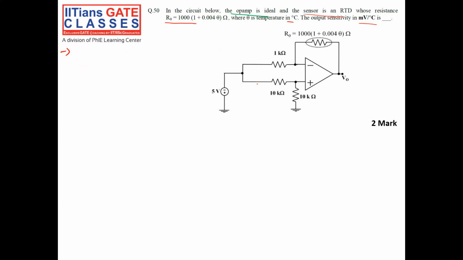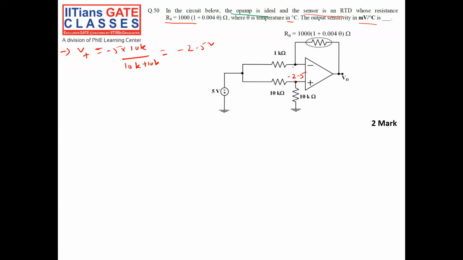Actually, 5 volt is there at both the negative and positive terminals. So let us take this point, V positive, equal to how much? This is minus 5 into 10k divided by 10k plus 10k, which is minus 5 by 2, minus 2.5 volt.